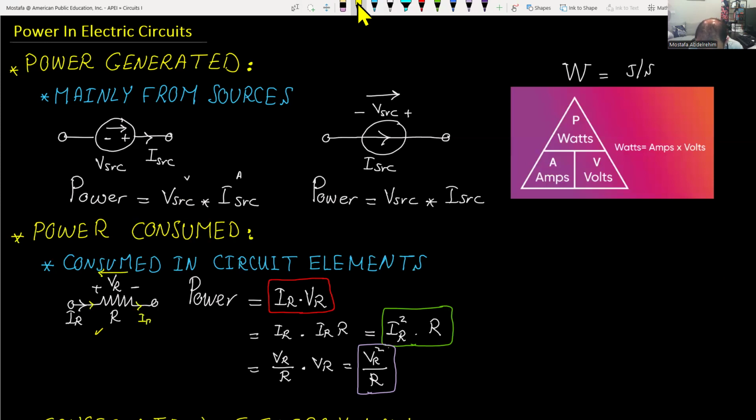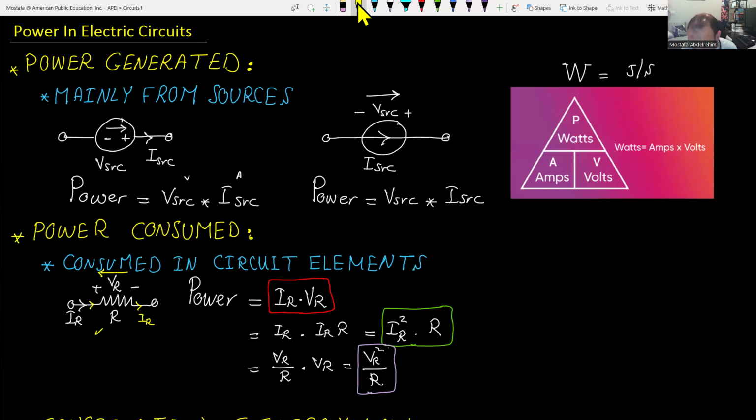I always assume the current in the opposite direction of the voltage of the resistance. With that, power is equal to IR multiplied by VR. Same law, VI, everywhere. In the current source it's VI, in the voltage source it's VI, and in the resistance it's also VI: VR multiplied by IR.